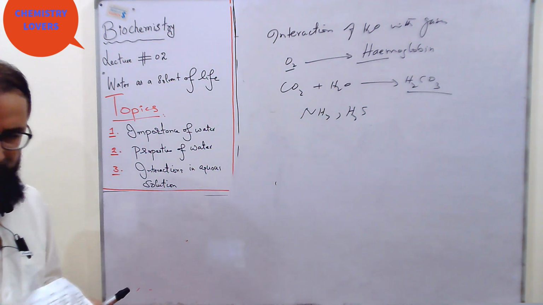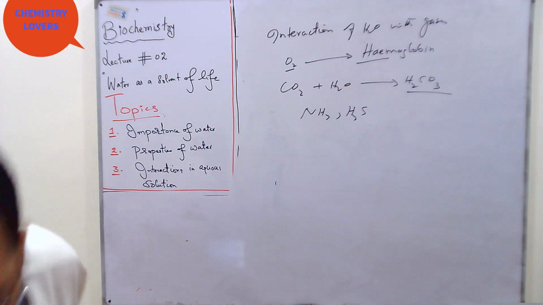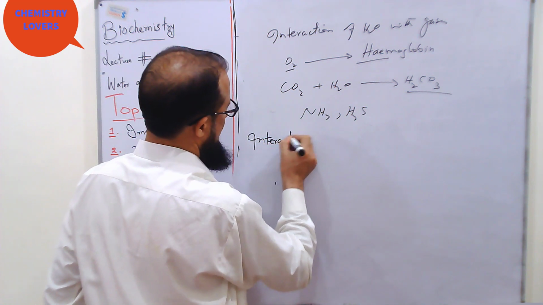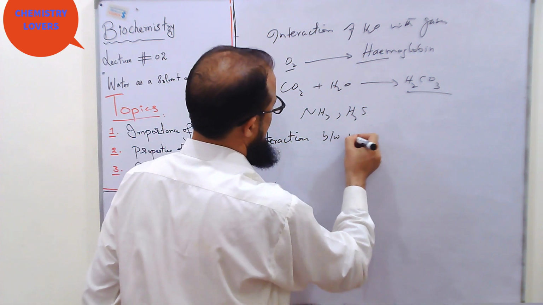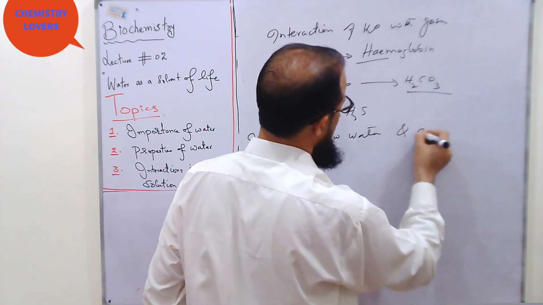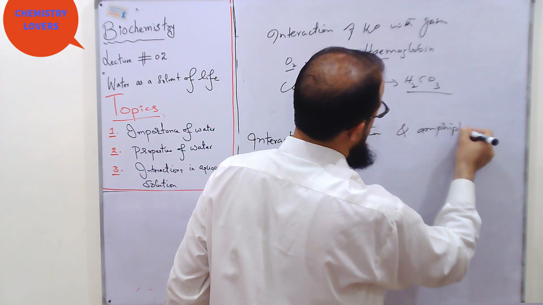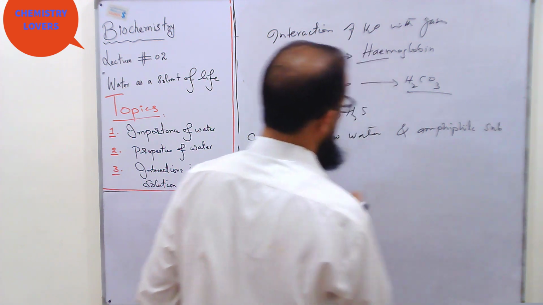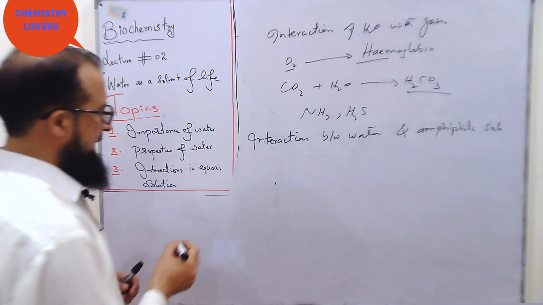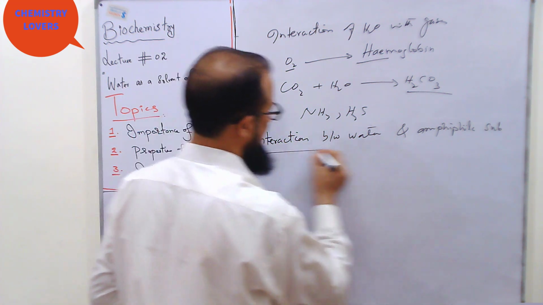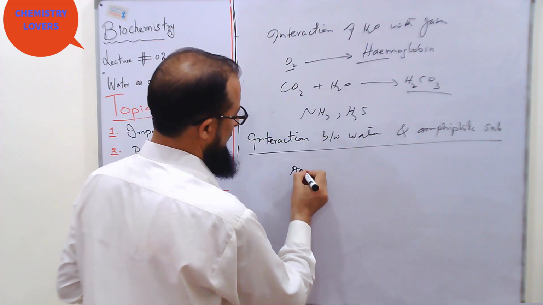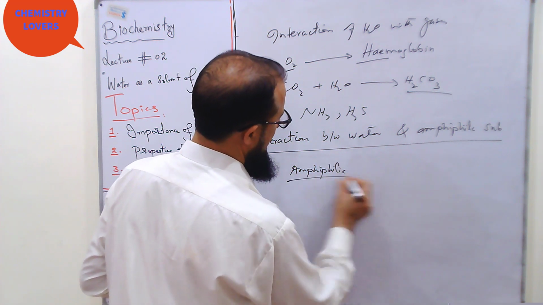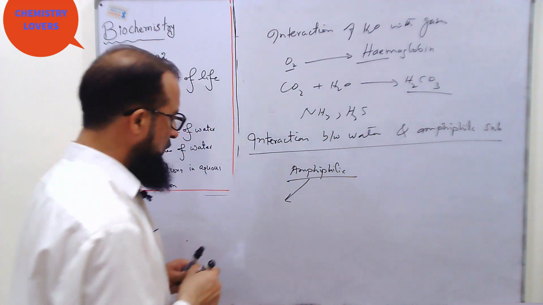The last one is the interactions between water and amphiphilic substances. So what are amphiphilic substances? Amphiphilic substances are those substances which are composed of two kinds of parts of the molecule.